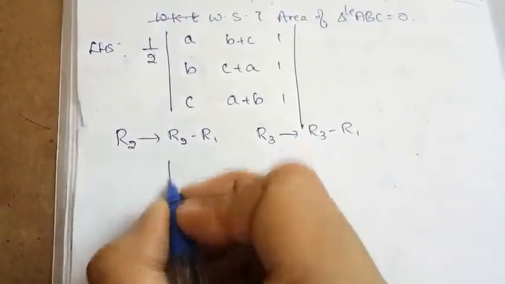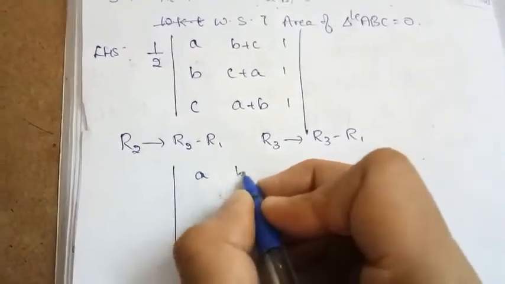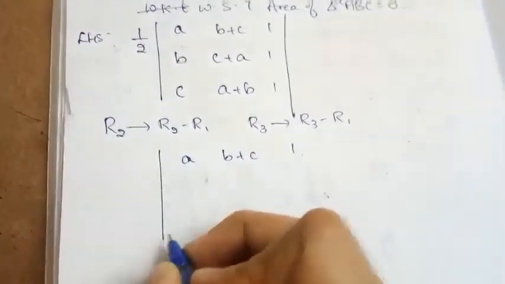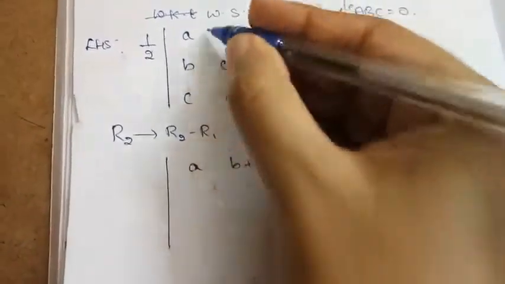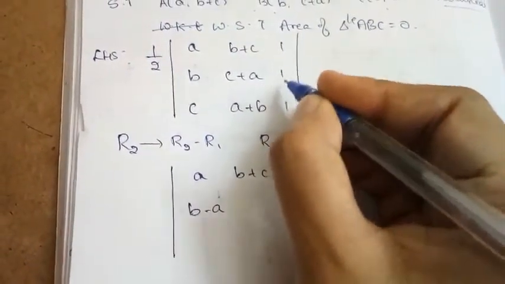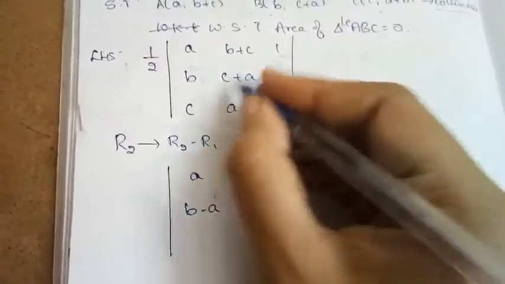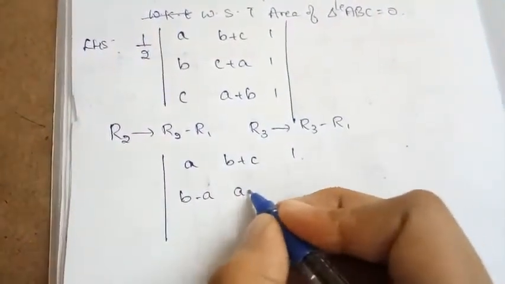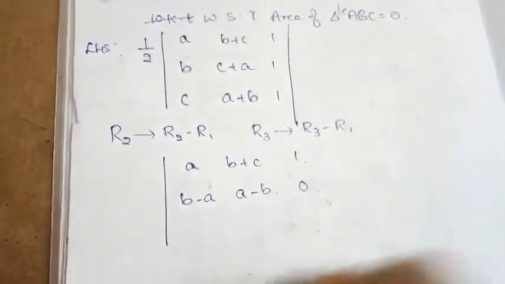After that there are no changes in the first row, so the first row remains as it is. Second row: B minus A, and C plus A minus B minus C. C minus C gets cancelled, so it becomes A minus B. This one is 0.